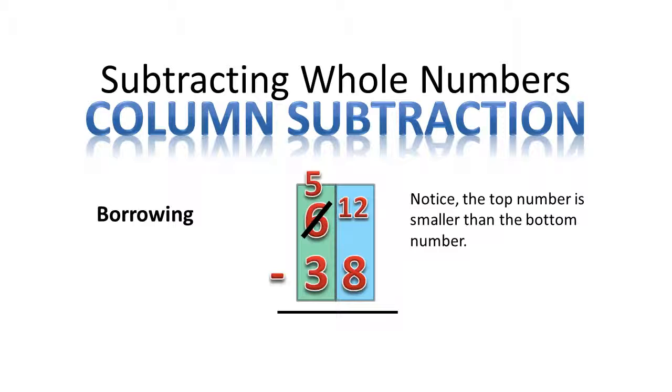Now I subtract 8 from 12, and I get 4. And moving to the left, I have 3 from 5, leaving me with a 2. Final answer of 24. Borrowing tends to cause more problems than any other action in subtraction.